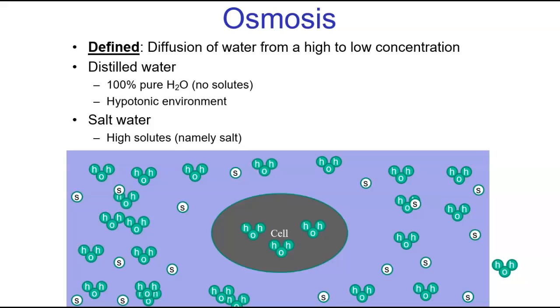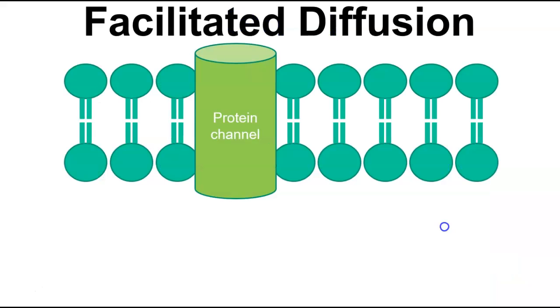Whoops, one moved outside the box. Water moves outside the cell in order to try and balance it out a little bit. The salt is too big to enter the cell, too large to enter into the cell. So the water is going to do the moving, and so water exits the cell to try and balance things out and make the water outside the cell not so salty.